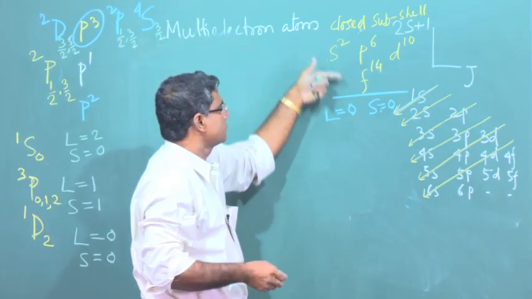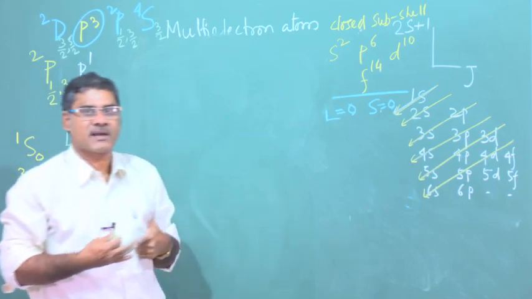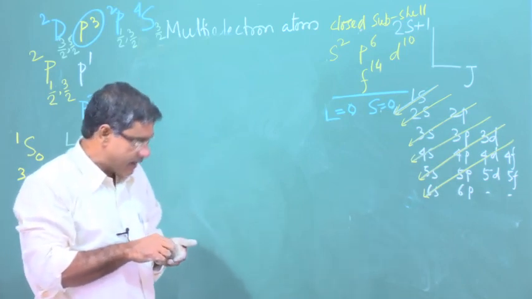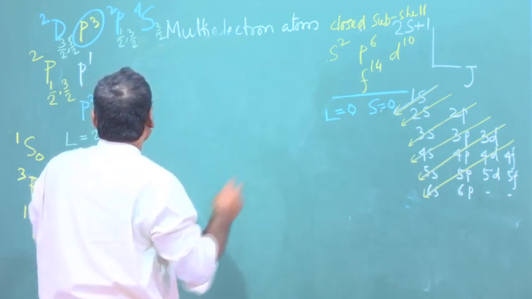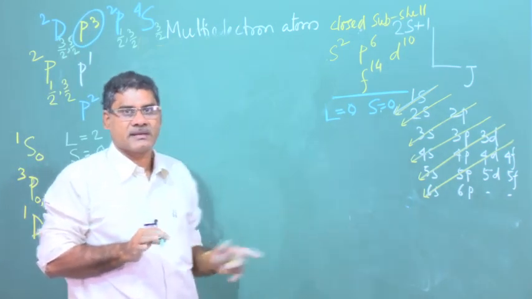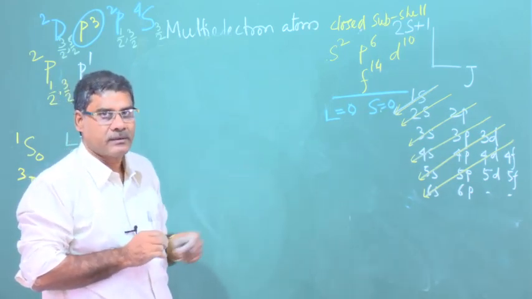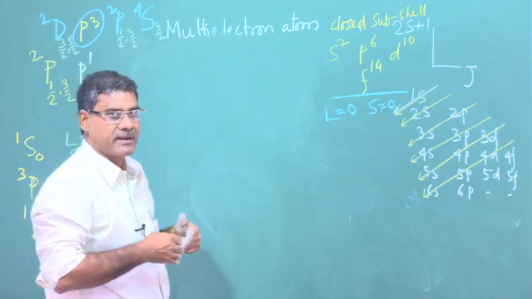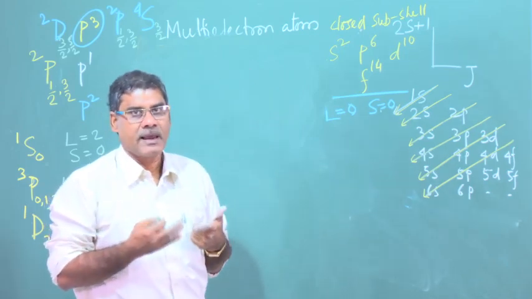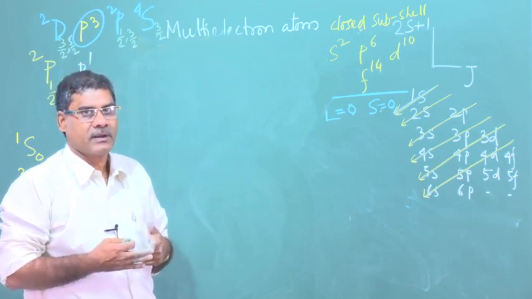One rule is that for a closed subshell or closed shell, resultant L and S are 0. Then for non-equivalent electrons, all LS are allowed and the corresponding spectroscopic terms one can find out, that is not the difficulty. The difficulty is for equivalent electrons, where N and L are the same. Those are called equivalent electrons.